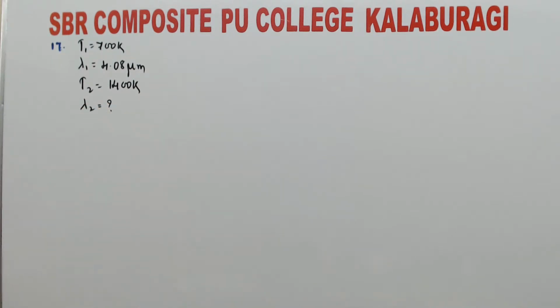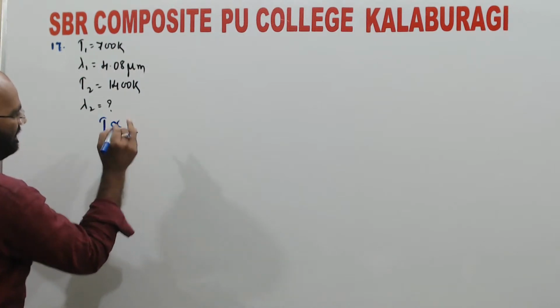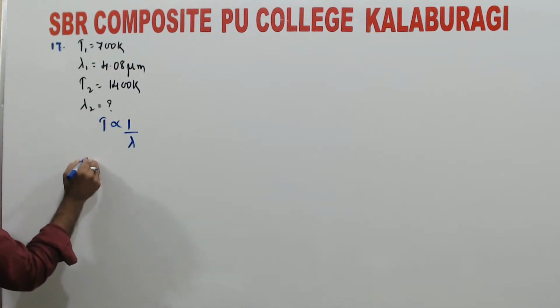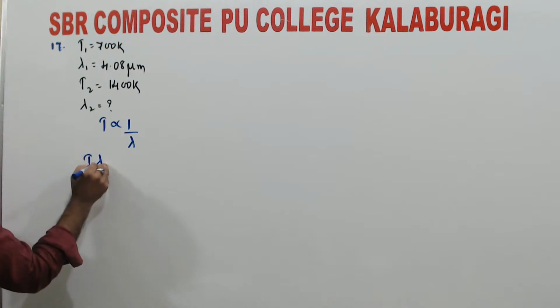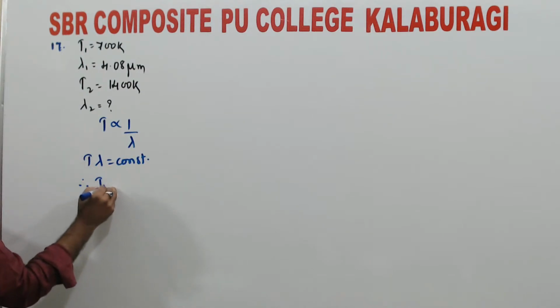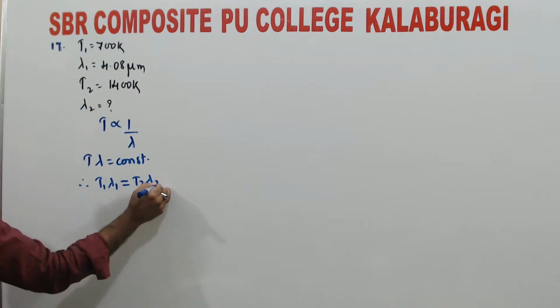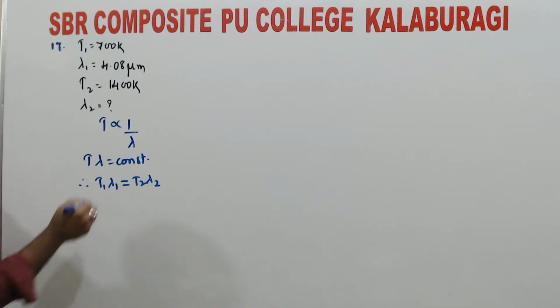Then we know that the absolute temperature is inversely proportional to wavelength. Make a cross multiply. We get T lambda is equal to a constant. Therefore, T1 lambda 1 for the first condition, T2 lambda 2 for the second condition. Then divide this.